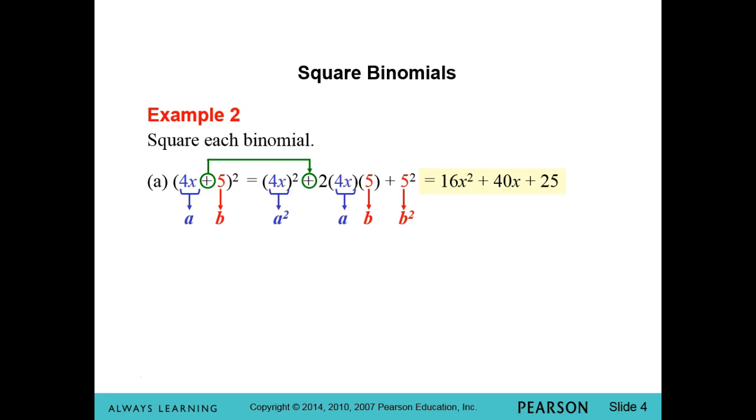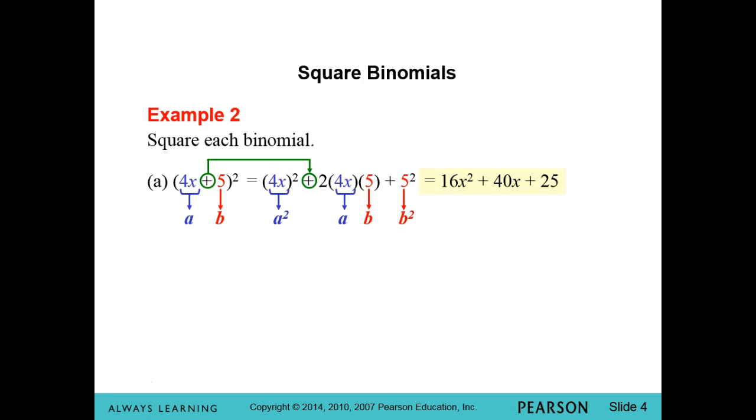Not really a distribution, you're just multiplying 3 factors together. You can either multiply these two first, which is what we normally do, 20x, double that is 40x.